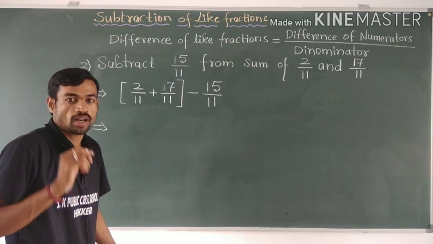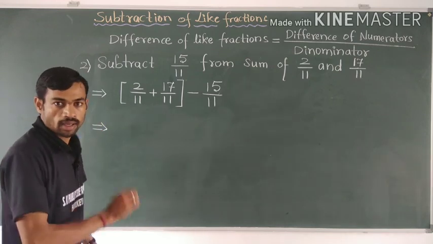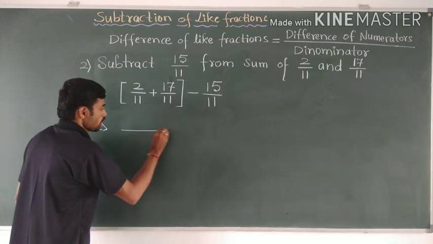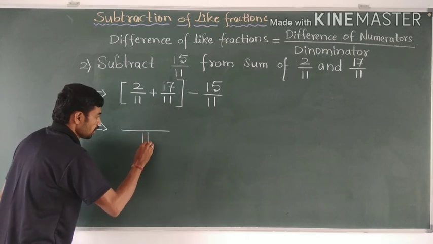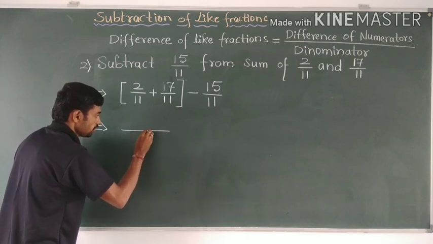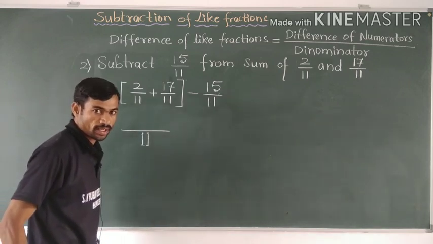We know these are like fractions, and we know the general formula for adding like fractions. We keep the denominator as it is, 11, the common denominator.